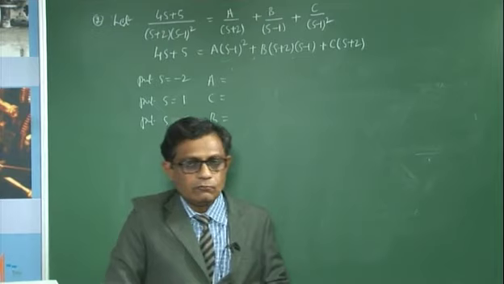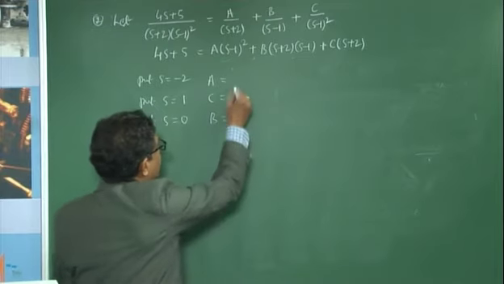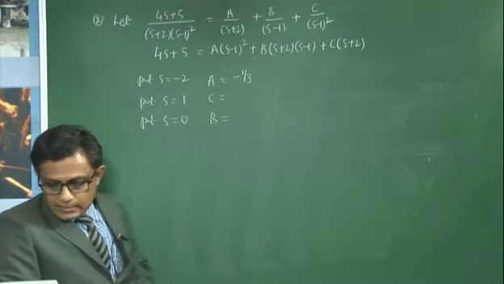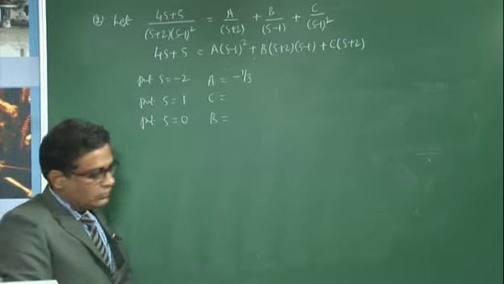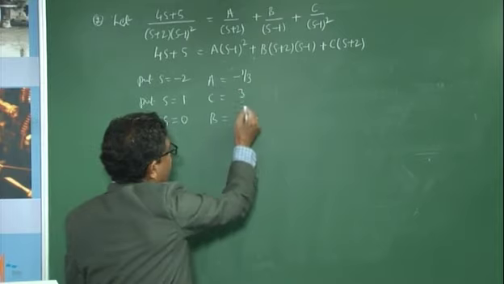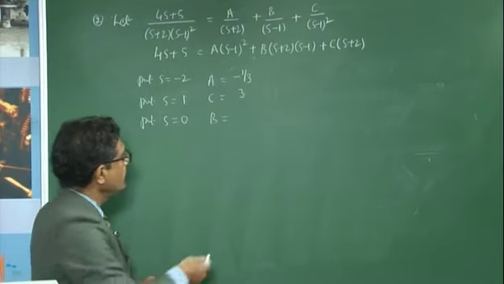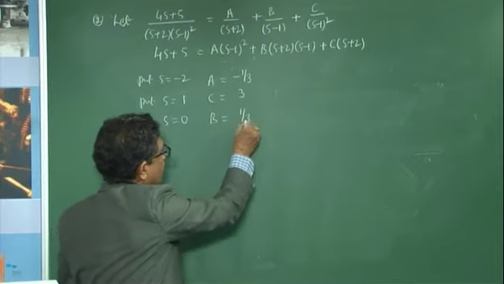A, what are you getting? A value is −1/3. C value is 3. What about B? B is 1/3.